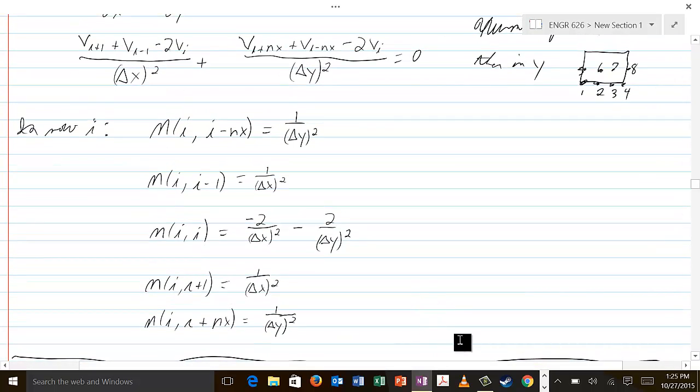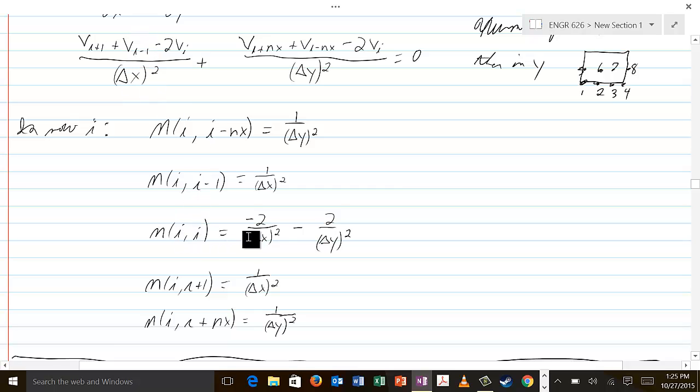then this equation tells us that M of I minus nx would be 1 over delta y squared because of this term right here. M of I minus 1 would be 1 over delta x squared because of this term right here.